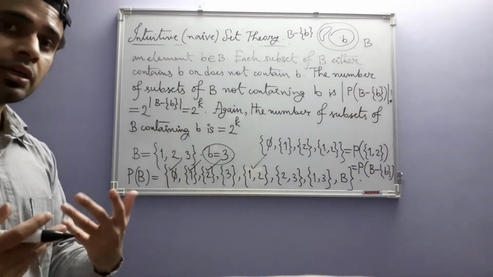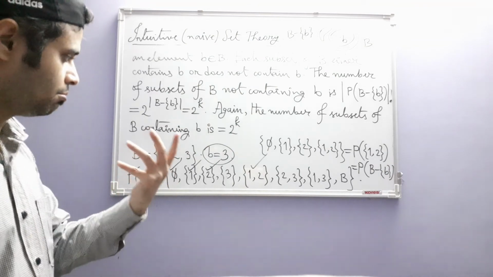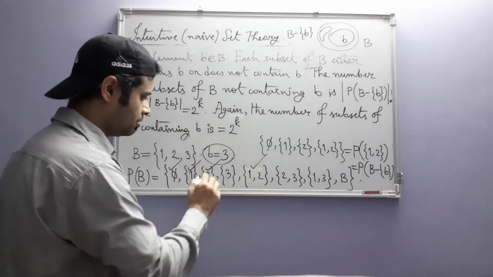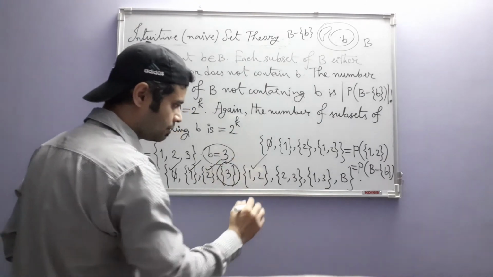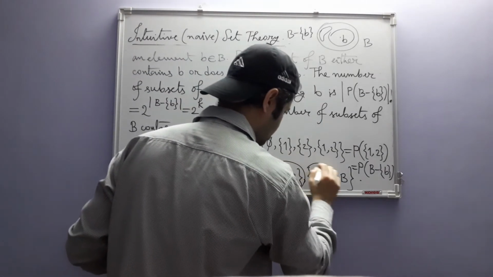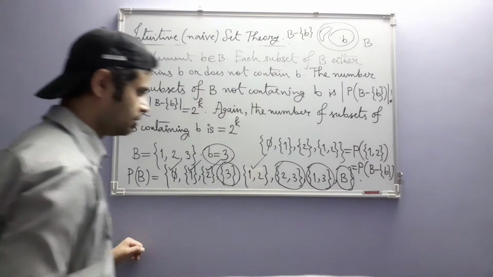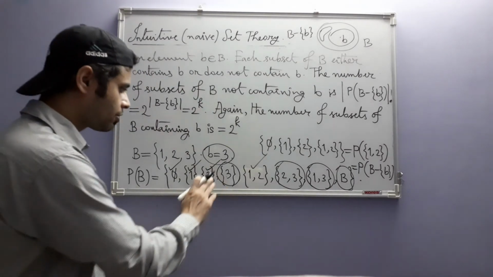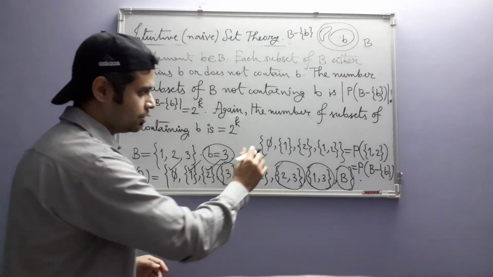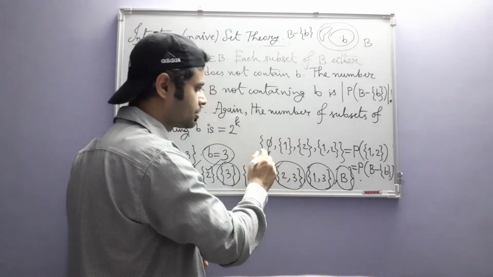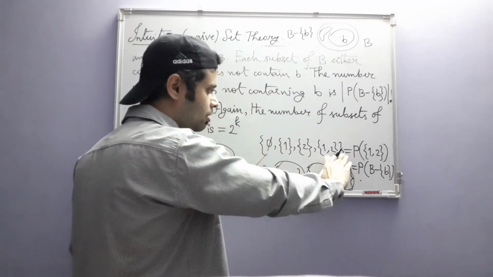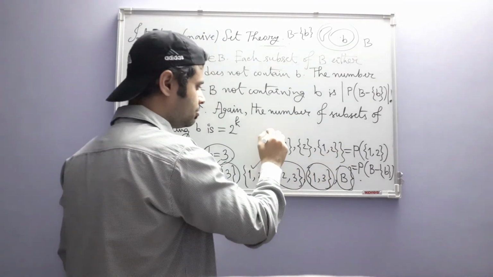But what about the number of subsets of B containing 3, or containing small b? This one, this one, this one, and this one. So what are they actually? Containing 3 means you just introduce 3 to these subsets. They did not contain 3, you take union with 3.